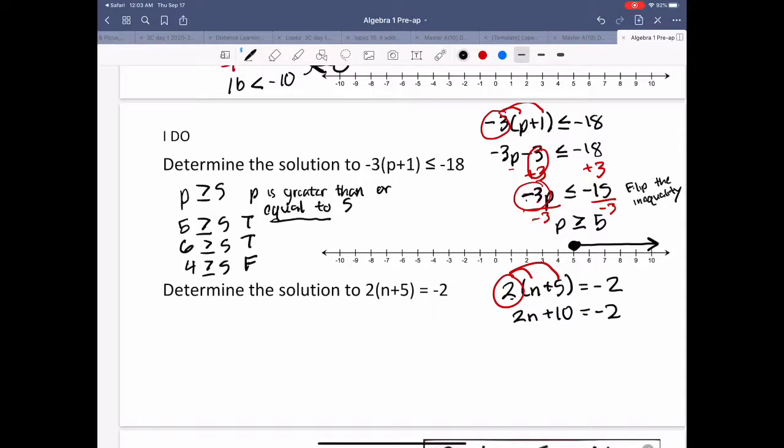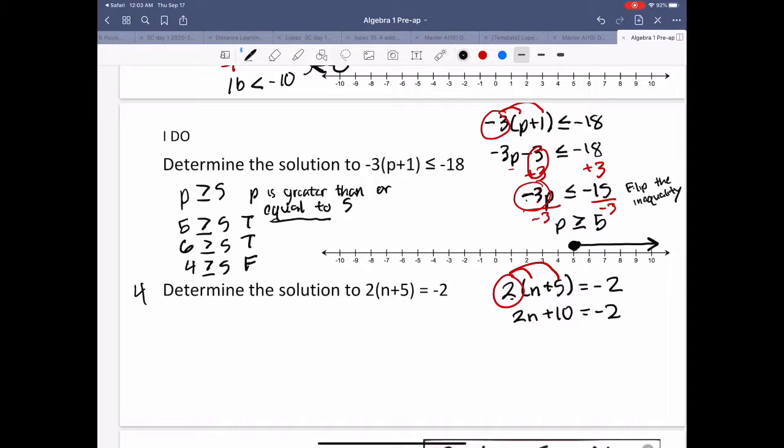I want to point out that this particular problem, number 4, is different from the other ones because the other ones were inequalities. These were with an equal sign, so there's only going to be one solution. The other ones had an infinite amount of solutions because they were inequalities.